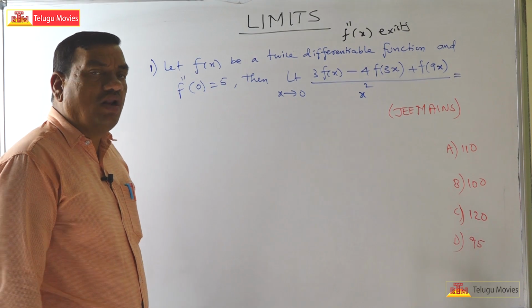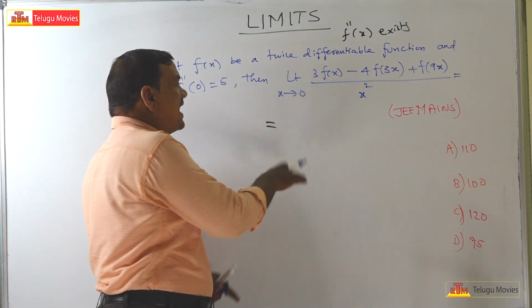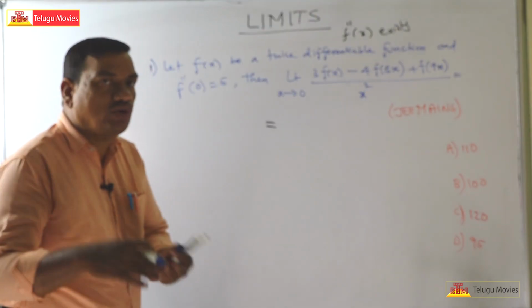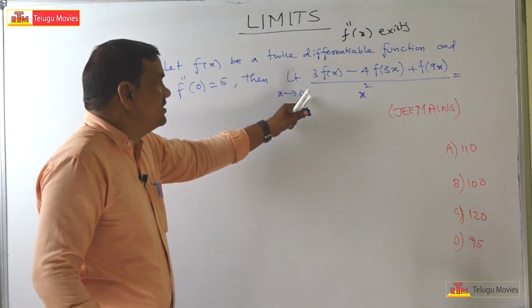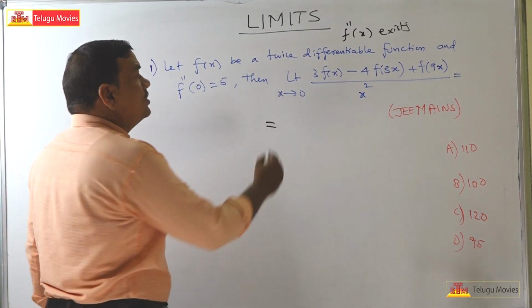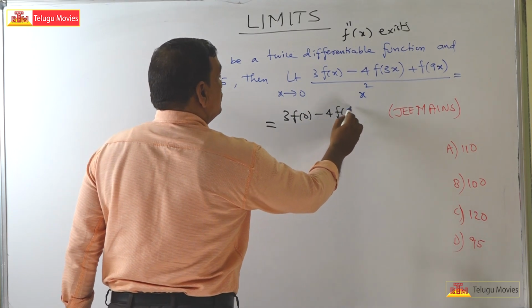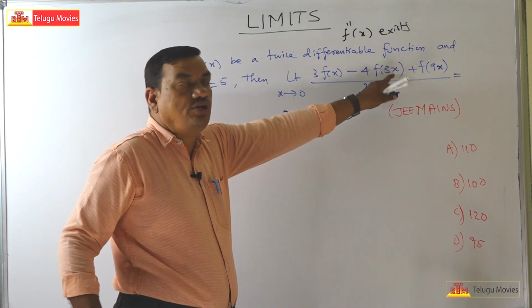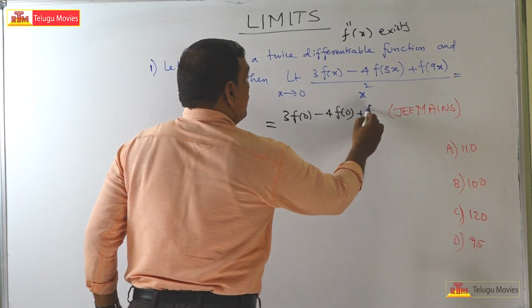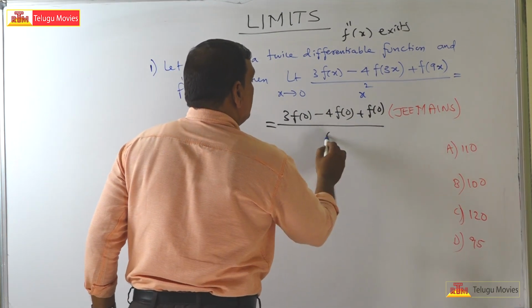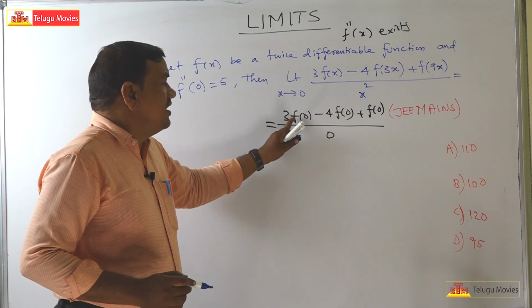As usual, the first principle we apply is that the limit as x tends to a of f of x is equal to f of a. Wherever x is there, substitute 0. So 3 times f of 0 minus 4 times f of 0, because 3 into 0 is 0, plus f of 0, whole divided by 0 square, that is 0.